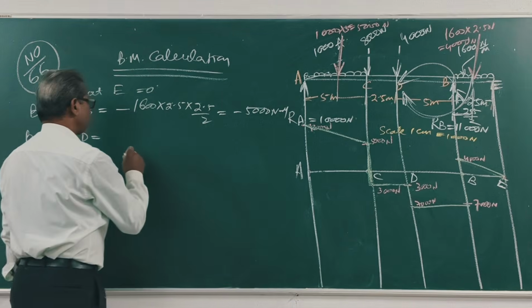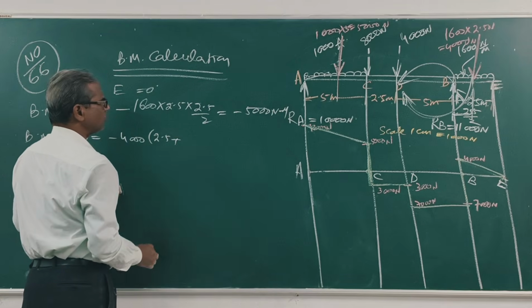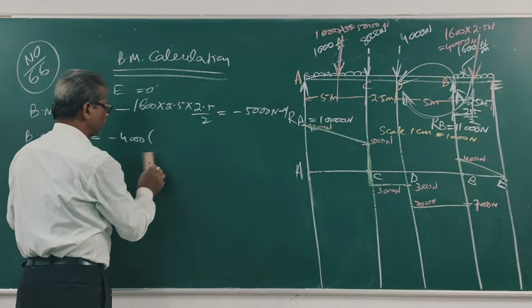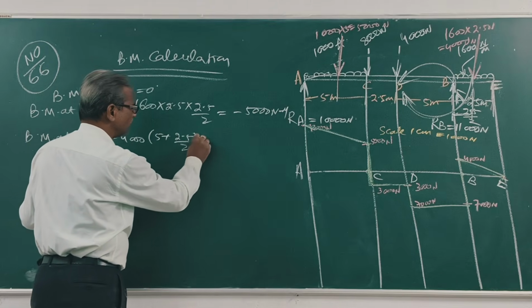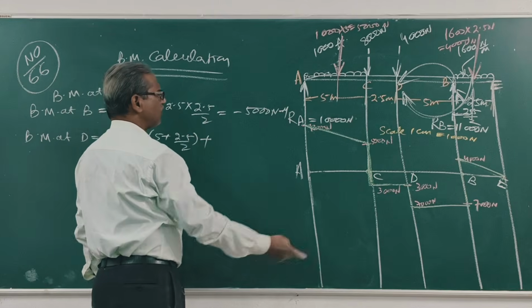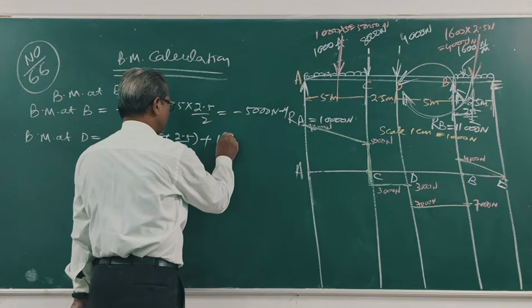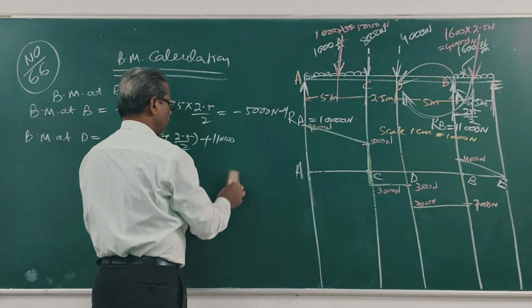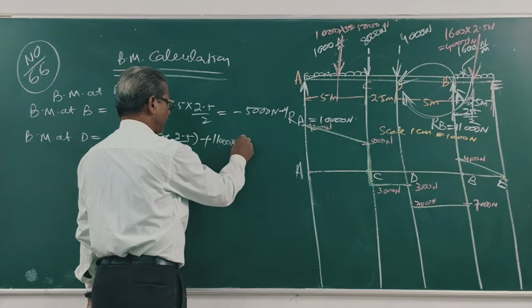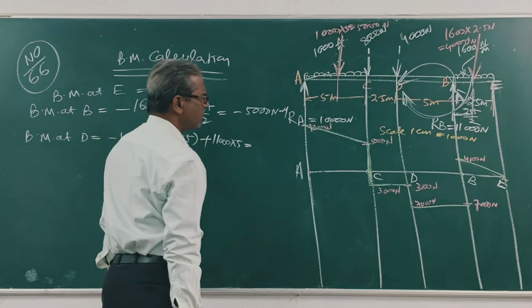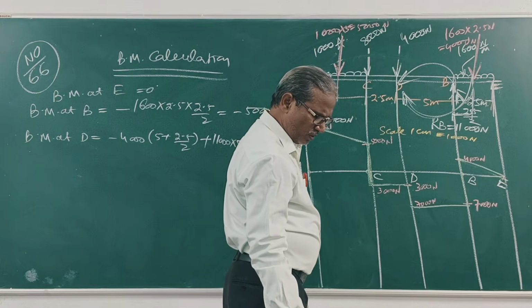So minus 4000 into (2.5 plus 5 plus 2.5 by 2), plus R into 5. R means 11,000. 11,000 into 5. Clear? So the answer is 30,000 Newton meter.